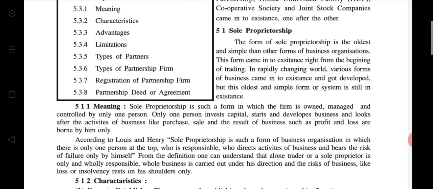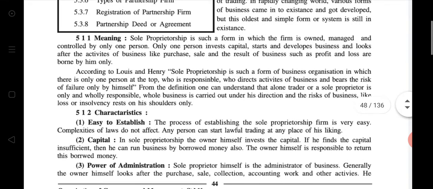We all know that if any one person starts a business, then manages, runs and controls the business by himself or herself, then that person is called a sole proprietor, and the business run by him or her is sole proprietorship. This is the meaning in simple language.